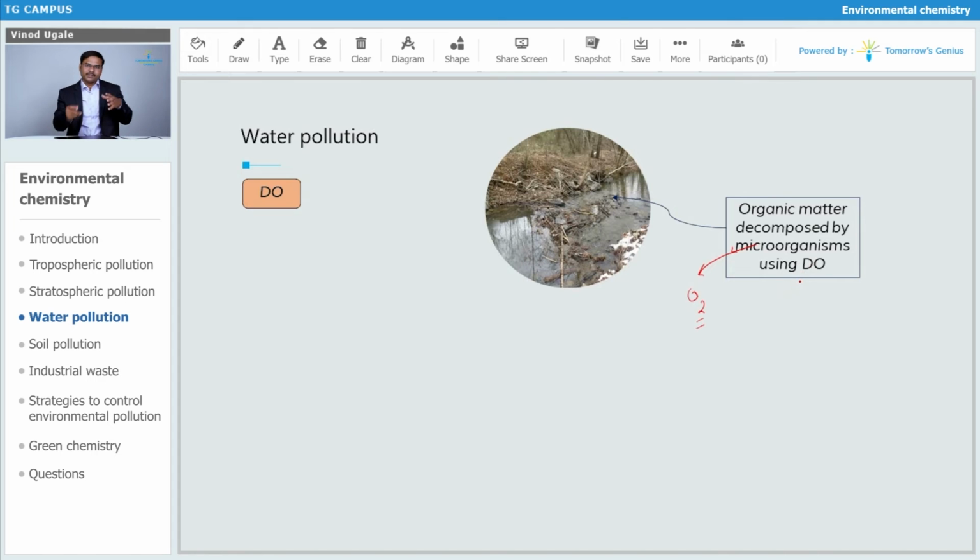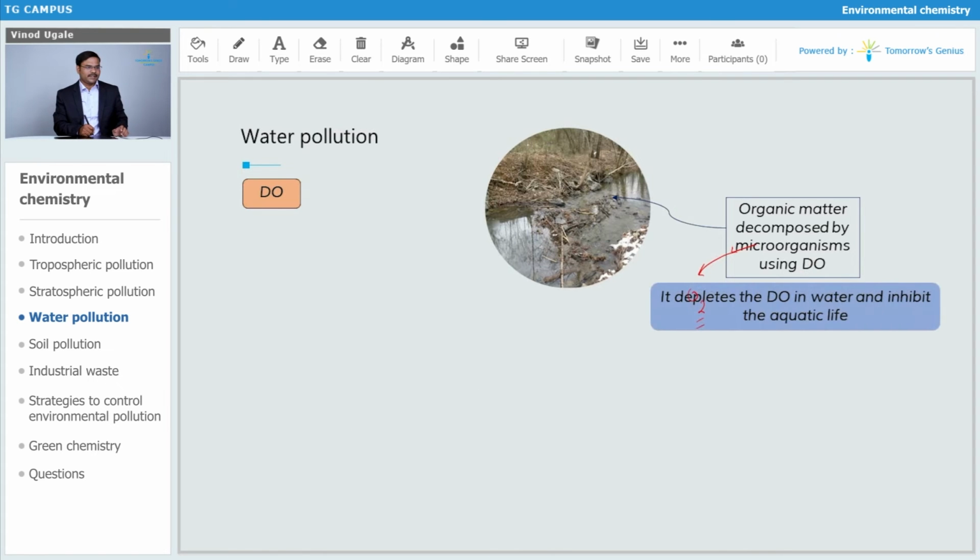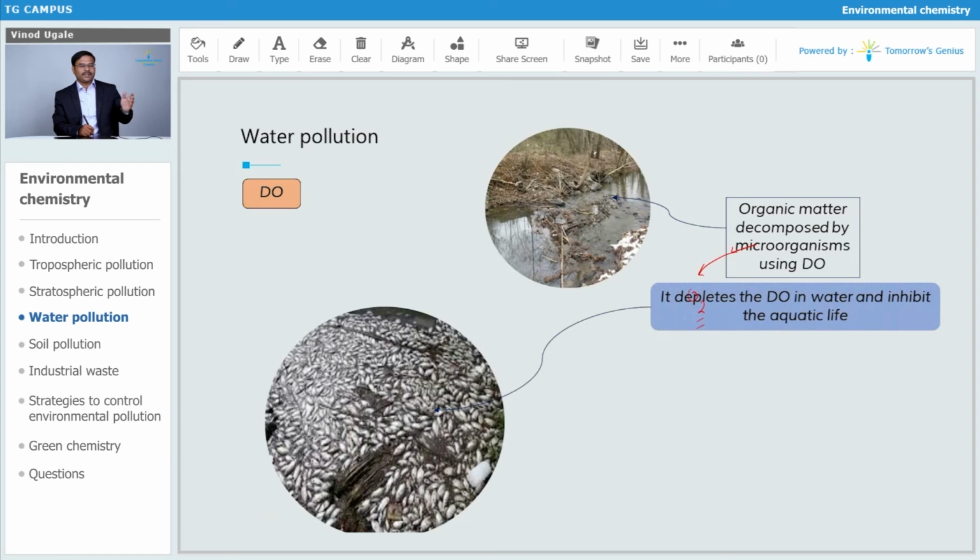So, though organic matter is biodegradable, its degradation is going to cause the depletion of dissolved oxygen in the water. This depletes the dissolved oxygen in water and inhibits aquatic life, and we can see in the picture a lot of fishes are dead because they do not have oxygen. All the oxygen is utilized by those microorganisms to decompose the organic matter which we have thrown into the water bodies.